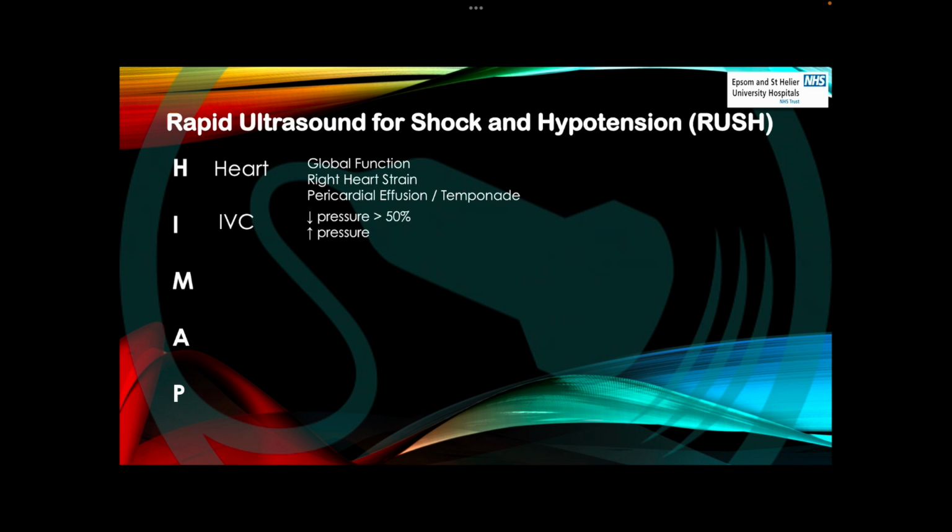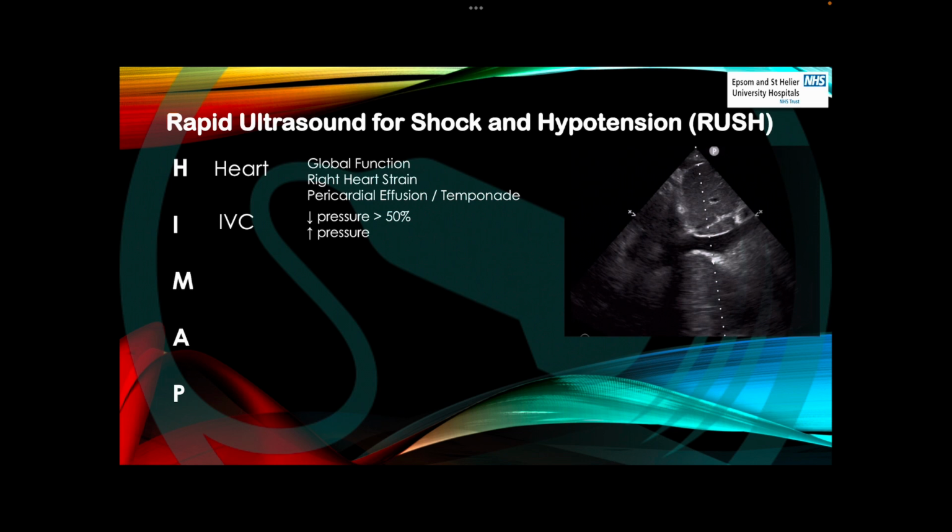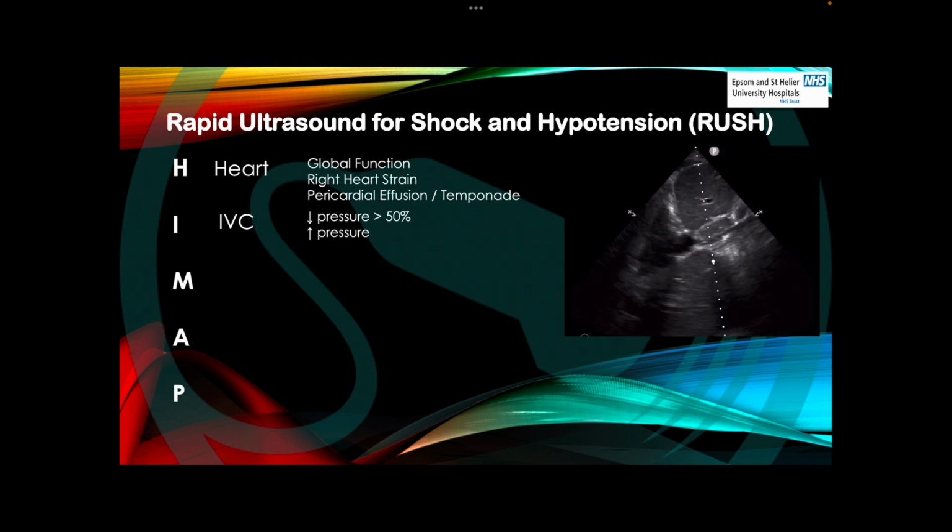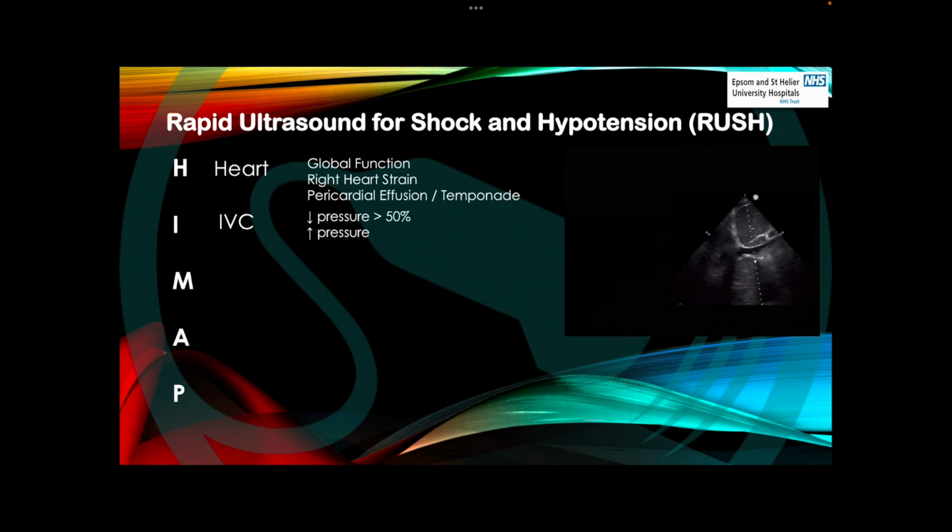Patients who present with hypovolemic shock will have a low pressure in their inferior vena cava, so there will be contraction of the inferior vena cava of more than 50%. You can see here, this is the inferior vena cava, and it is collapsing with inspiration.